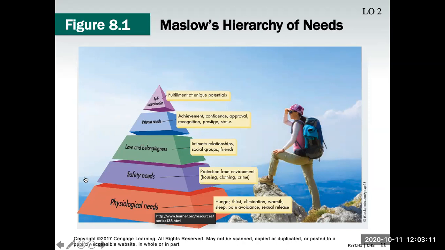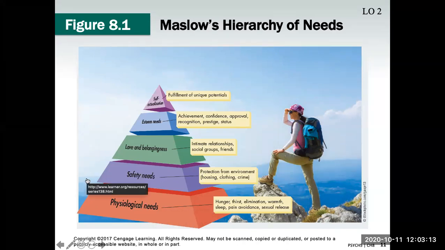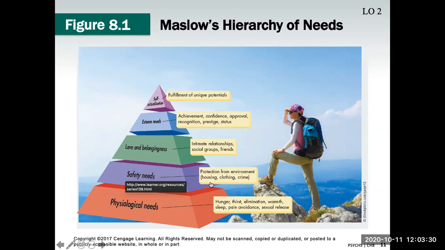And then the next step is safety needs. So protection from the environment, housing, clothing, crime. This includes being in relationships that are violent, for example. You're not going to get very far. If you're in a violent relationship, you're not going to be able to build all this other stuff.